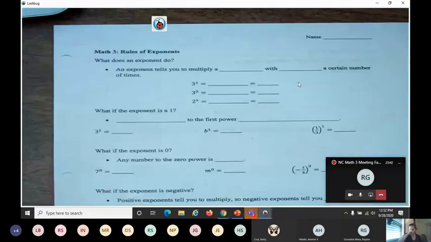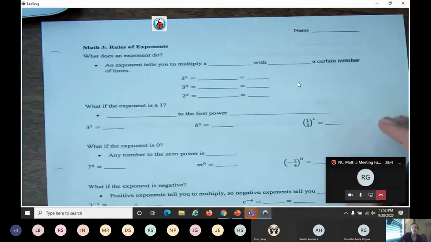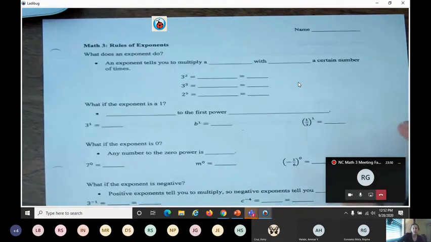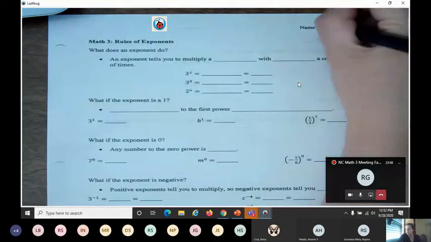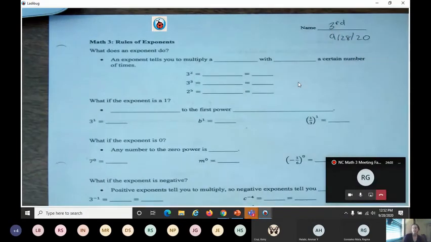Okay, so feel free to write this out on notebook paper, or if you want to print it, it is posted in Canvas. Okay, so we're talking about exponential functions. So you guys need to be really good at working with exponents, okay? All right, so we're asking the question, what does an exponent do?